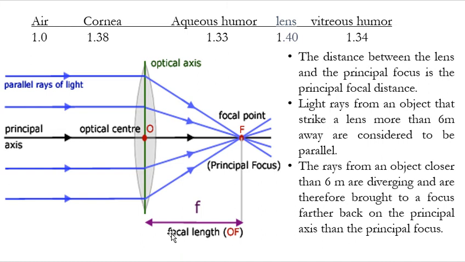Okay, and the middle component that does not bend is known as the principal axis, goes through the optical center and pierces through the focal point.